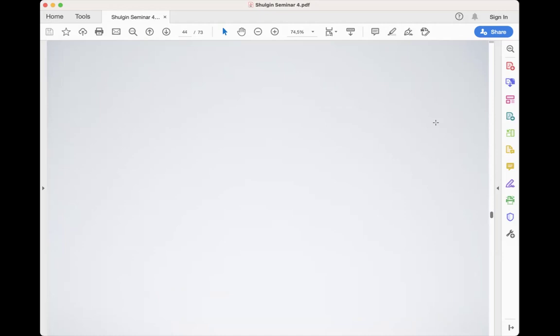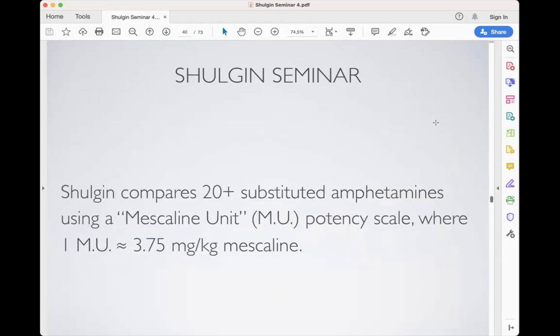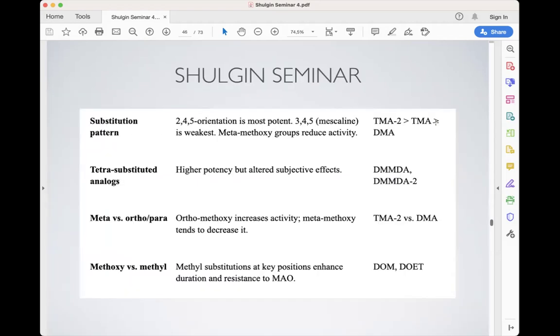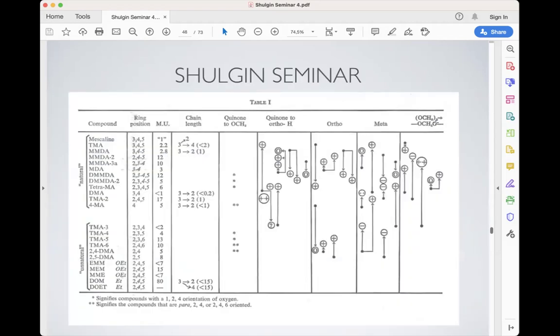Let me tell you, it's from the 1970 paper, chemistry and structure activity of the psychotomimetics.